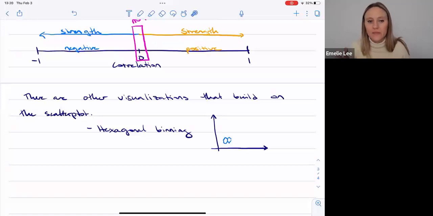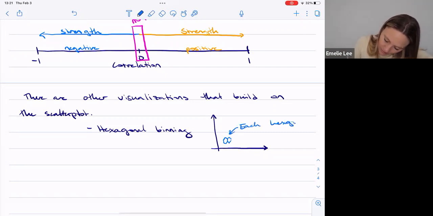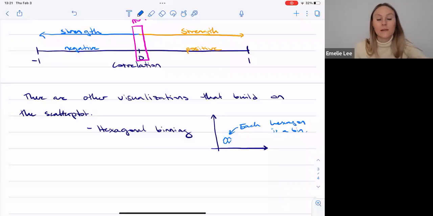This sounds familiar, right? This is basically a histogram, but now taking into account 2 numerical variables instead of just 1 and creating bins, right? And so each hexagon is a bin, okay? And then we can do fancy stuff to show how many things are in each bin.